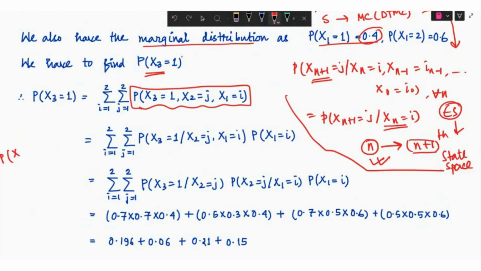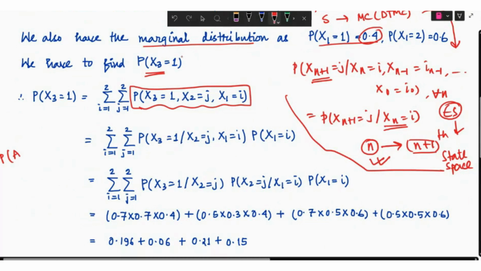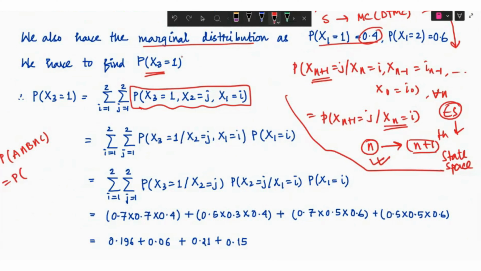Say by event we can say A intersection B intersection C. Basically, probability of A given B intersection C times probability of B intersection C. This is the conditional probability theorem.